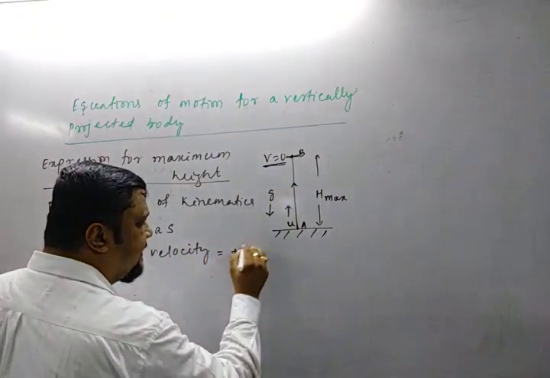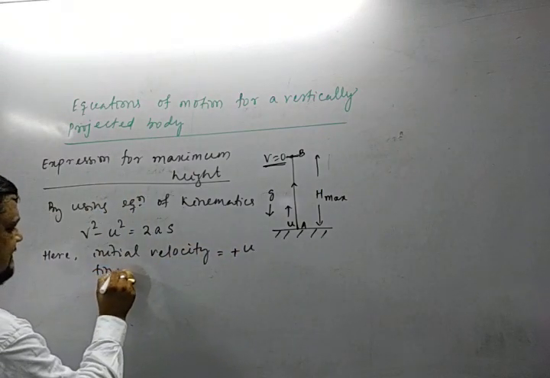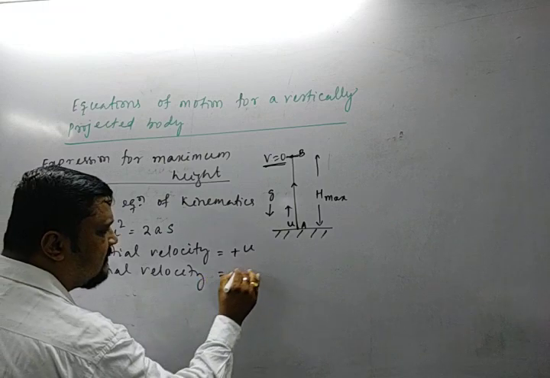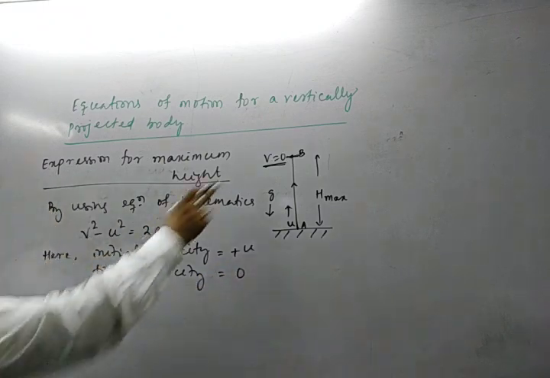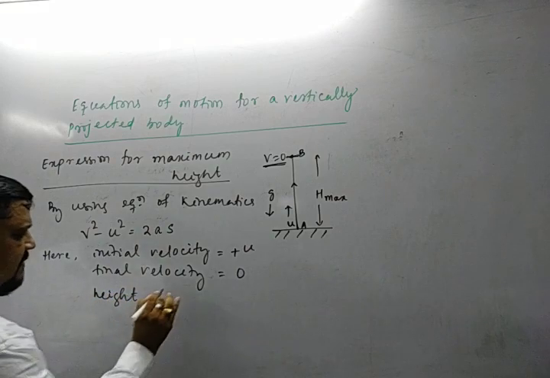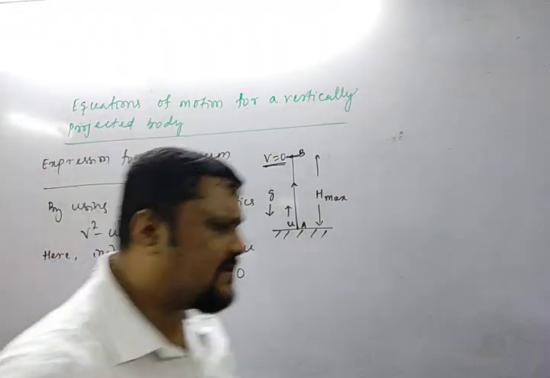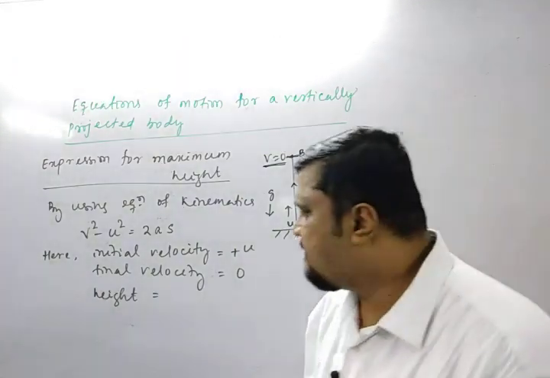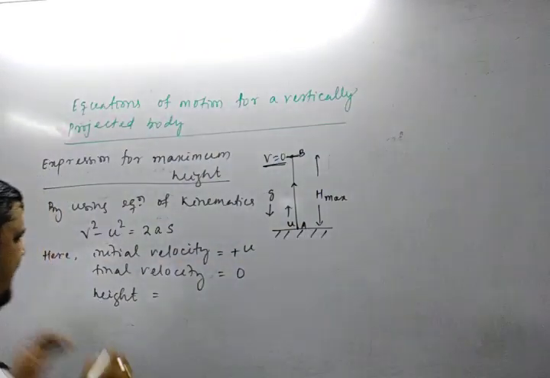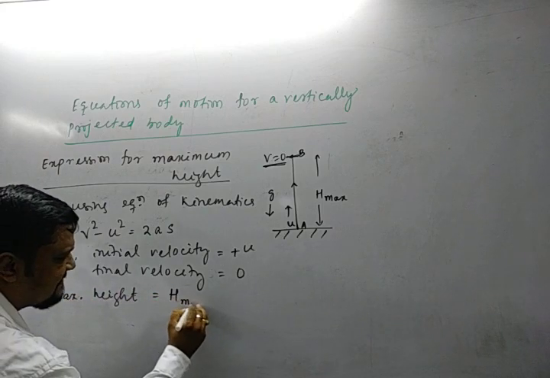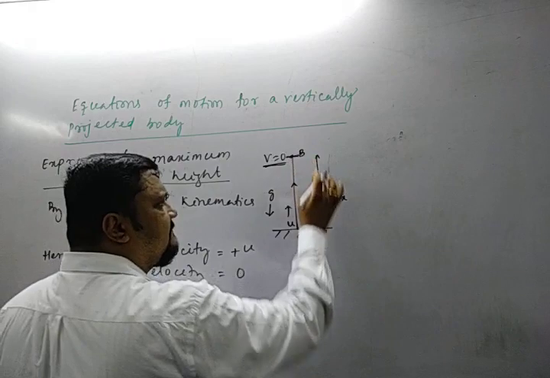Plus, you write. Final velocity? Yes, 0. v is 0 at the highest point. Height: how much height, or displacement, or distance, because it's a straight line, the height attained or maximum distance covered, is h max, plus since it is going up.